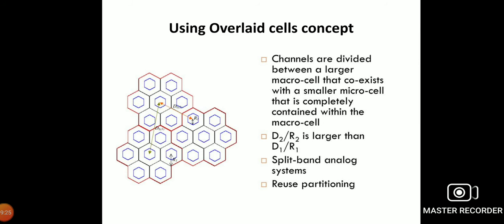And finally, the microzone cell concept reduces the number of handoff procedures when a call is in progress. Now what are the applications of this microzone method? It is used in urban traffic or highway traffic conditions.